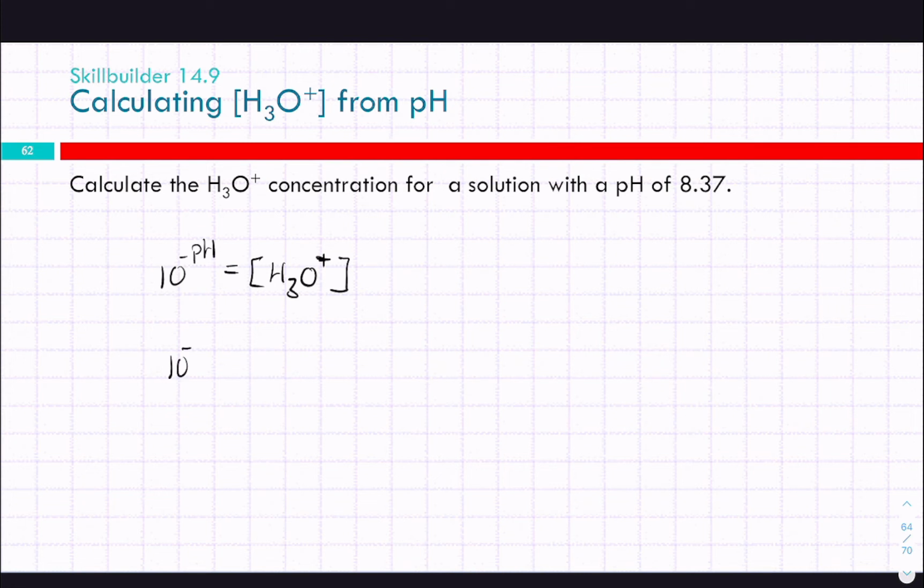So 10 raised to the negative 8.37 will give us 4.27 times 10 to the negative 9. And that's always going to give you your concentration back in molarity, or moles per liter.